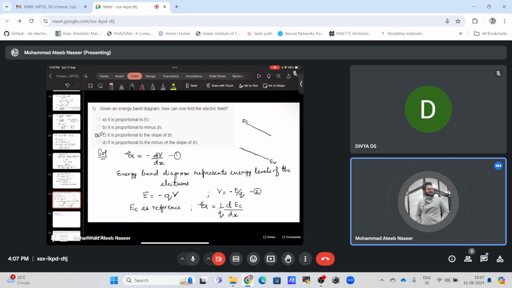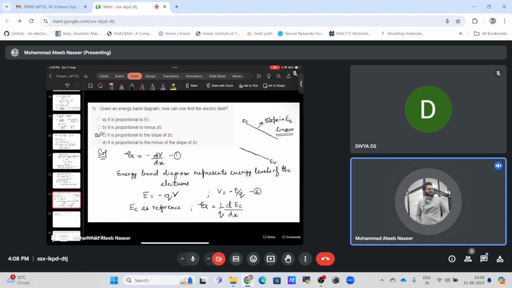So if this is my energy band diagram, this signifies, since there is a slope in EC, it is a linear slope.